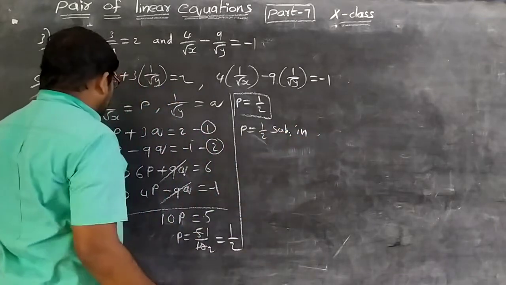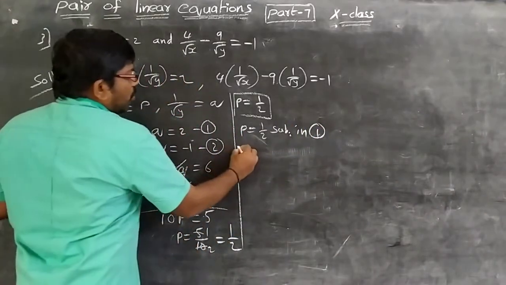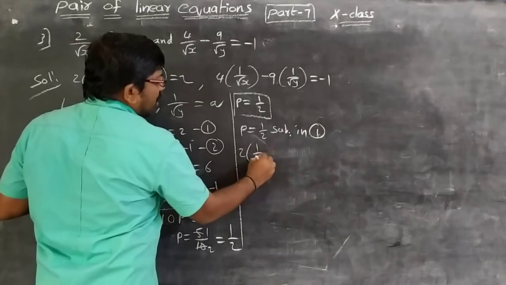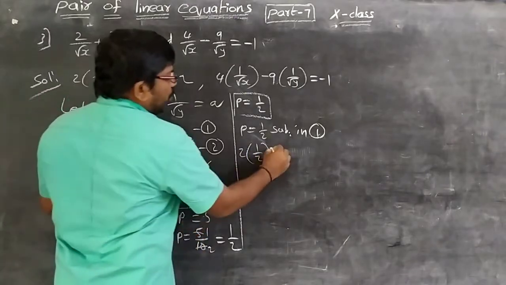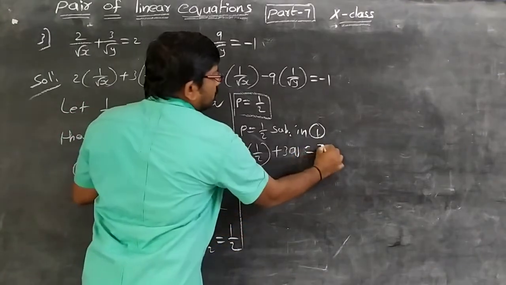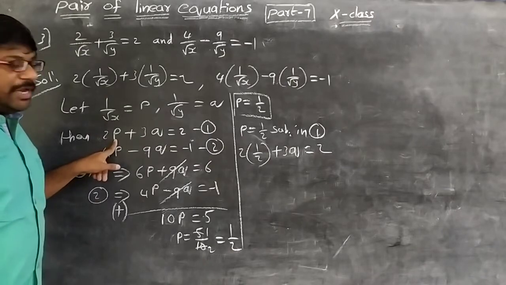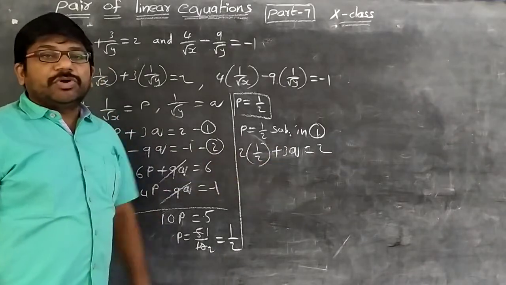Substitute p equal to 1 by 2 in equation 1, which is 2p plus 3q equal to 2. So 2 into 1 by 2 plus 3q equal to 2.